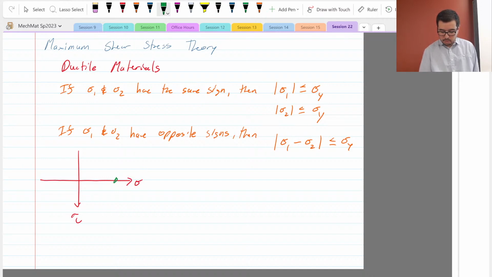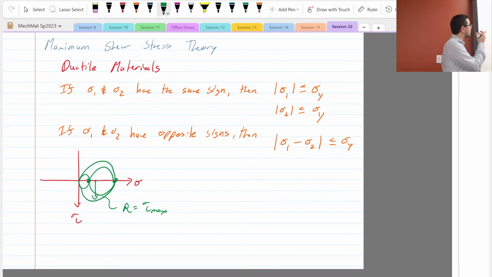let's say we're both on this side. In that case, the maximum shear stress is R, right? R is equal to tau max. And what we're saying is we want to be less than that.